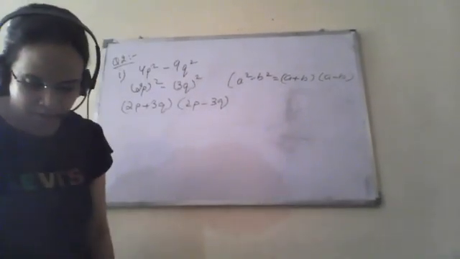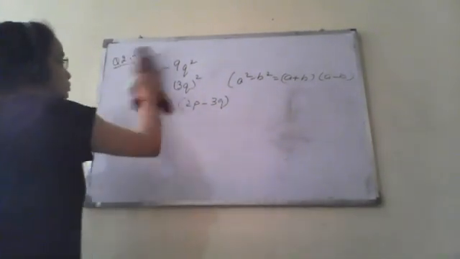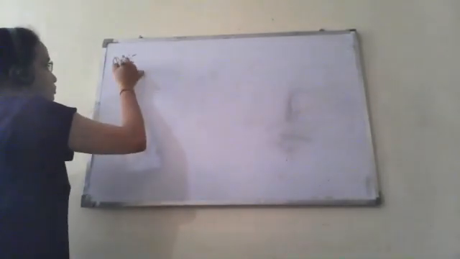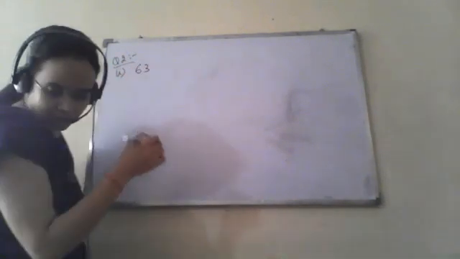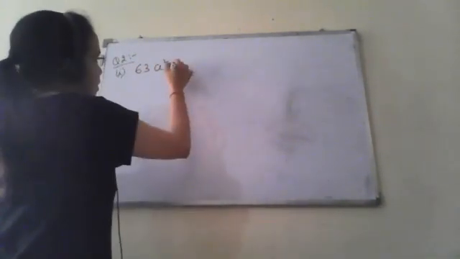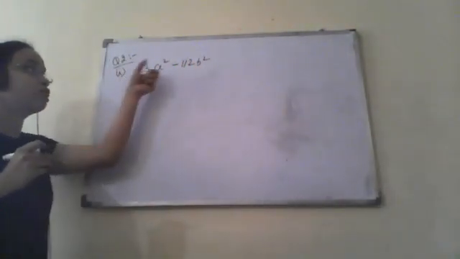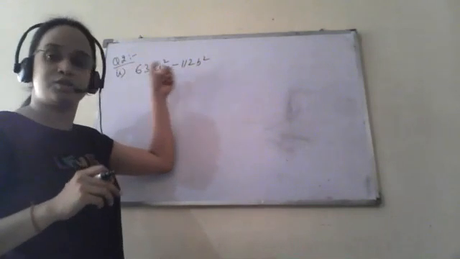Now second part. This is 63a square minus 112b square. Now if we look, we are not finding square of this 63 or 112.